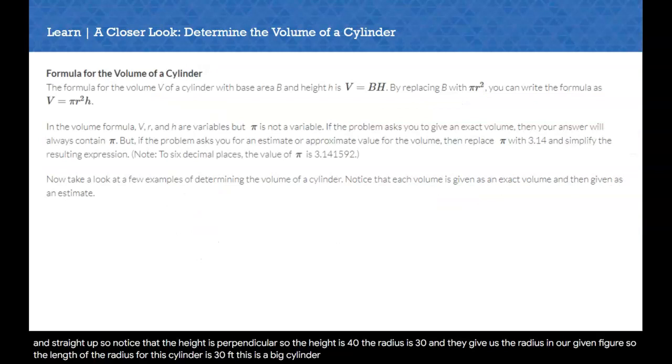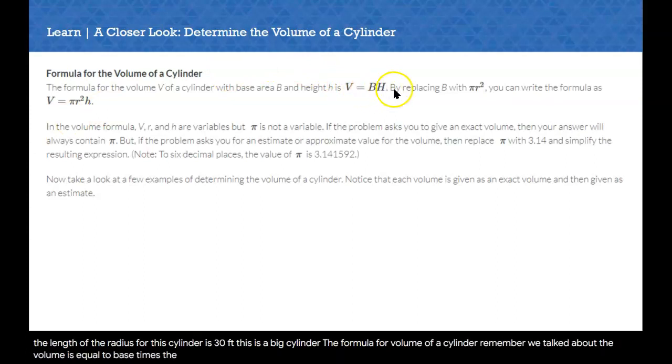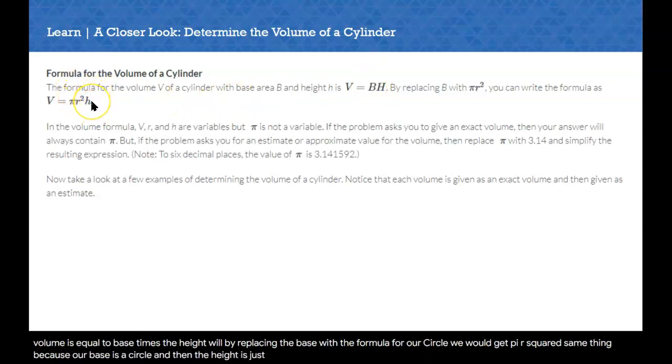Now the formula for volume of a cylinder, remember we talked about the volume is equal to base times the height? Well, by replacing the base with the formula for our circle, we would get pi r squared. Same thing, because our base is a circle. And then the height is just h.